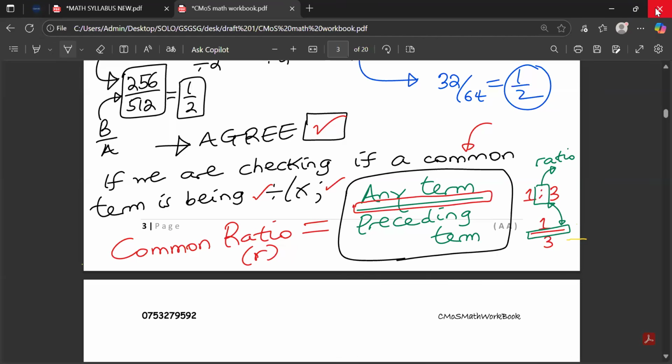Whichever you get after dividing any term by the preceding term, it is the common ratio. If it is adding or subtracting, what you get when you take any random term and subtract the preceding term is the common difference. Difference because of the minus, any term minus preceding. Ratio because of the division, any term divided by preceding.